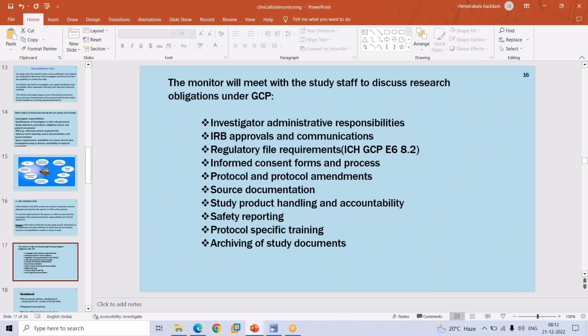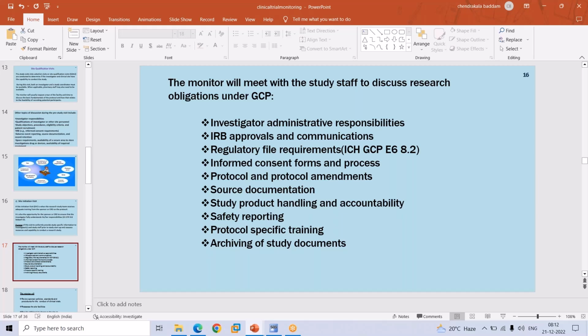The monitor will meet with the study staff to discuss research obligations under GCP, and will discuss the following points. Investigator responsibilities and administrative responsibilities. What are all the approvals, such as IRB approval to conduct the clinical study.